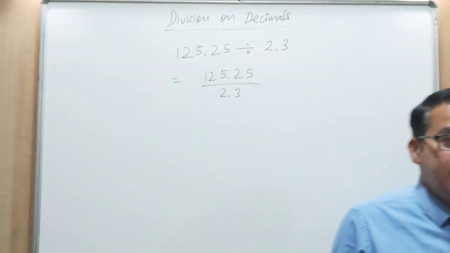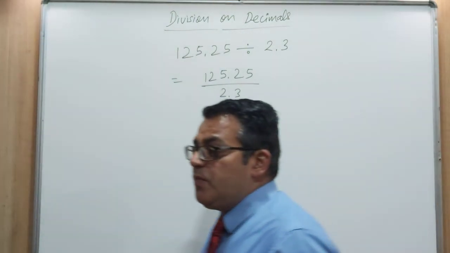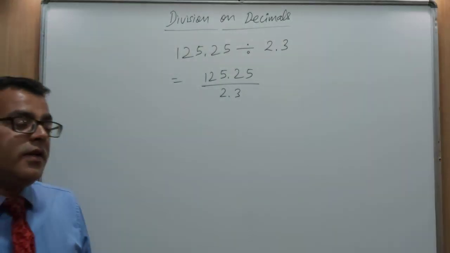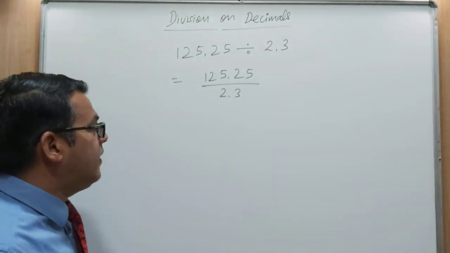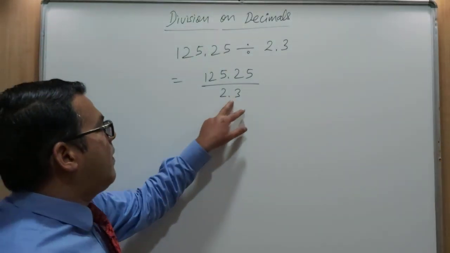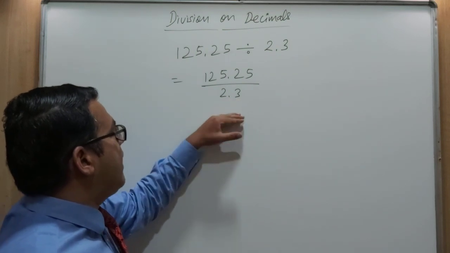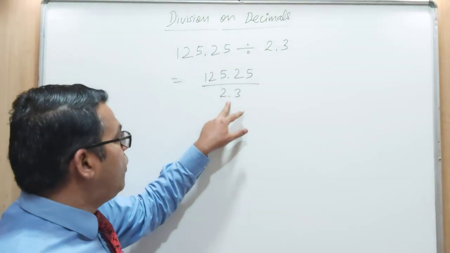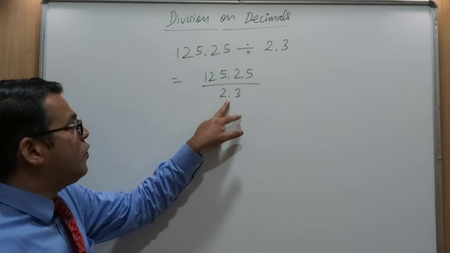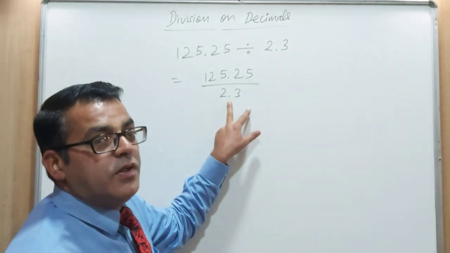This is a very important key point. We can't divide by a number that has a decimal point, so first you need to remove this decimal point.